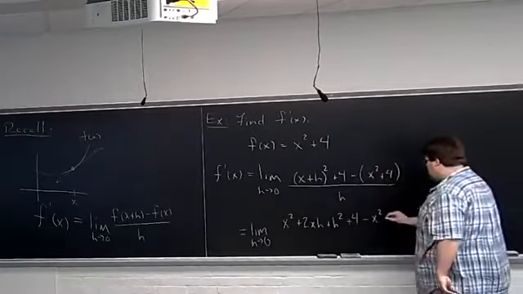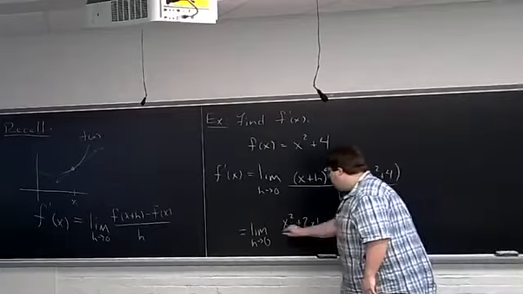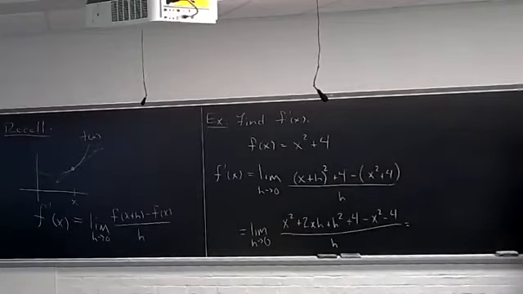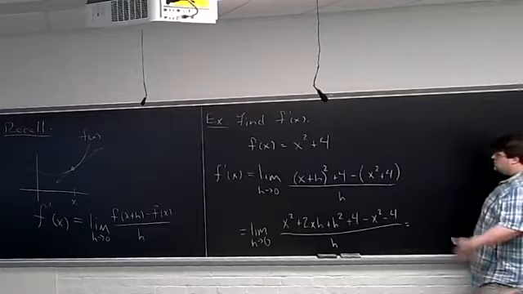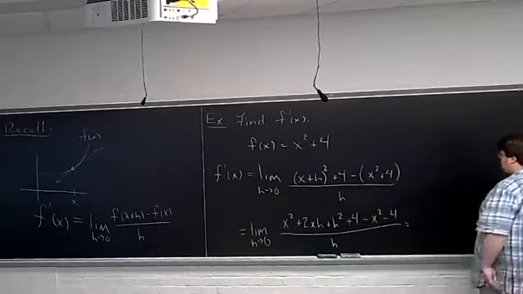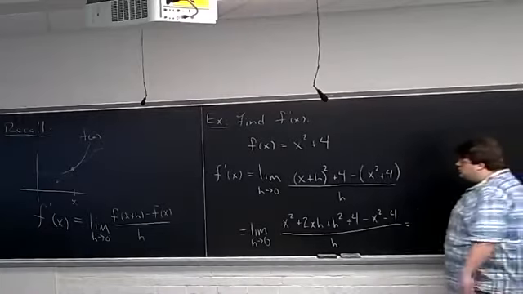Distribute the negative there, gives you a negative 4. And it's still all divided by h. Now, to simplify this, again, in this step, we haven't done any canceling, so we should still expect a 0 over 0, and we do get a 0 over 0 with substitution.